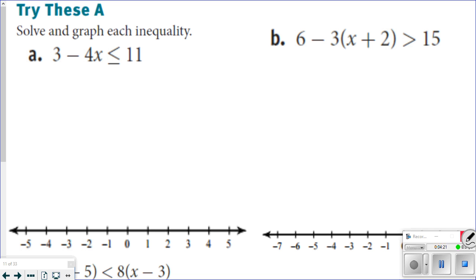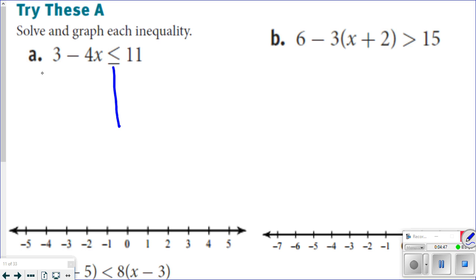Take a look at try these A. Again, if you run out of room, you can write this on a lined piece of paper or in the My Notes section of your book. We're going to solve and graph each inequality. So I'm going to draw a line down here. I want to get negative 4x by itself.